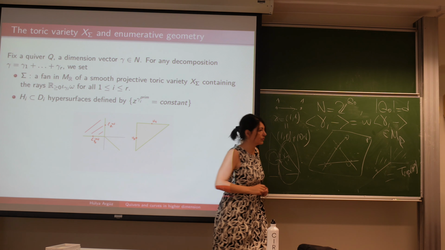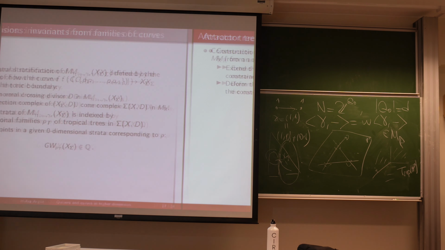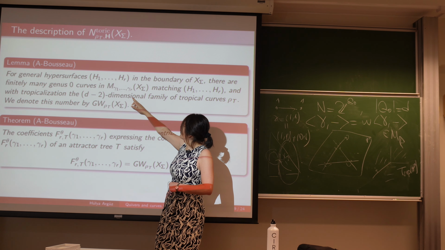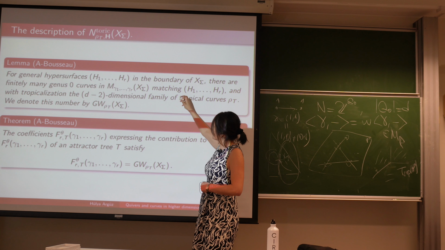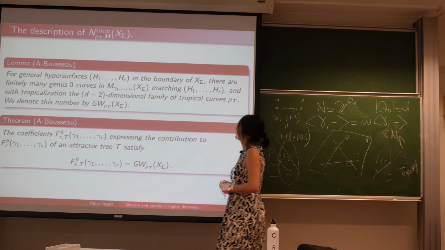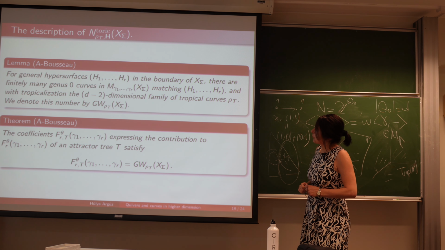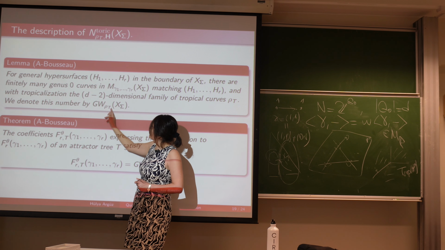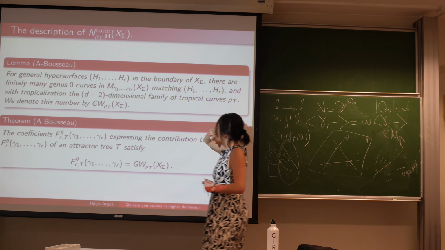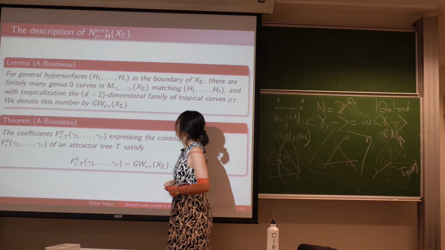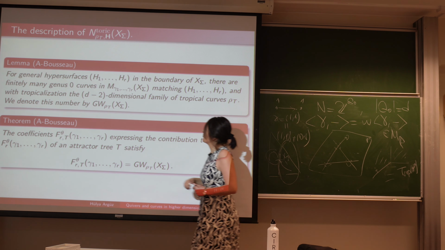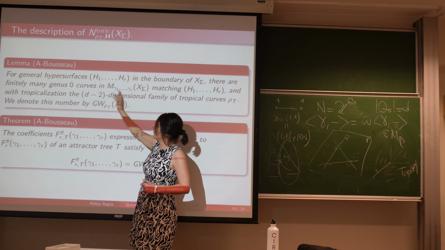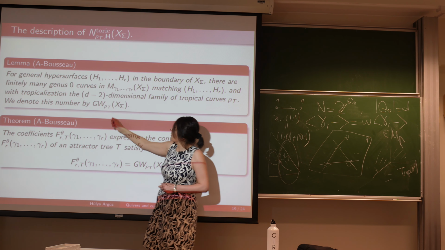So if you choose your constants in a general way, then we proved that if you look at genus 0 maps which match these hypersurfaces as we described, so the ith marked point goes into H_i with the correct contact order, then the moduli space of such maps whose tropicalization is a fixed type, rho tau, determined by the data of the stability parameter and the dimension vector, has Gromov-Witten invariants which count zero-dimensional strata of this moduli space, and we prove that there are finitely many such numbers for any fixed rho tau.